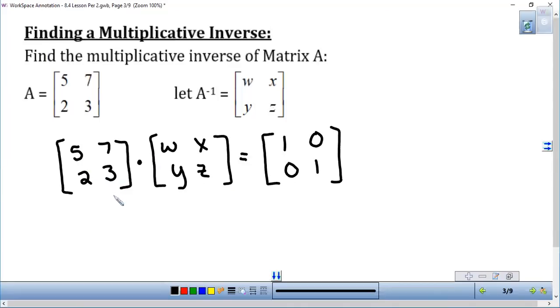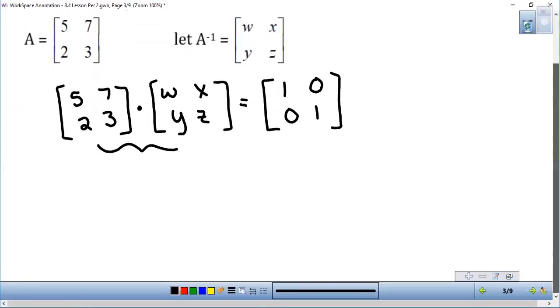So over here on the left side, we could think about that row by column multiplication to simplify this down. So we could do the first row by the first column.